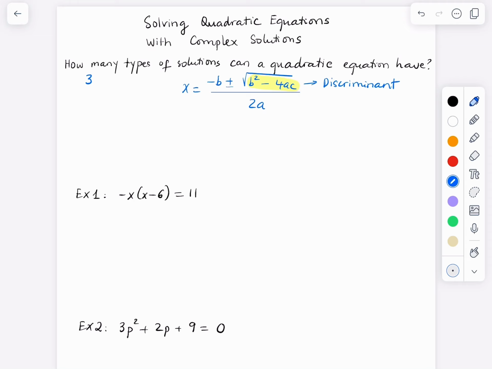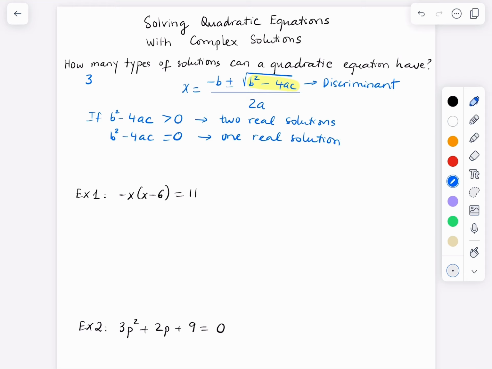So if the discriminant, b squared minus 4ac, is greater than 0, then we can expect to have two real solutions. If the discriminant is equal to 0, then we can expect to get one real solution.